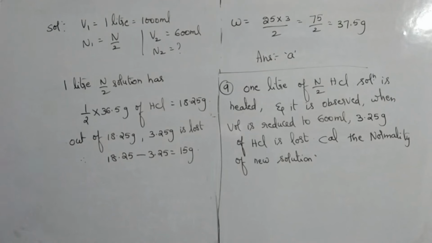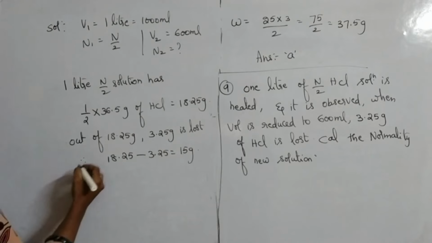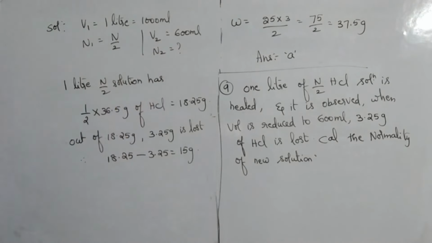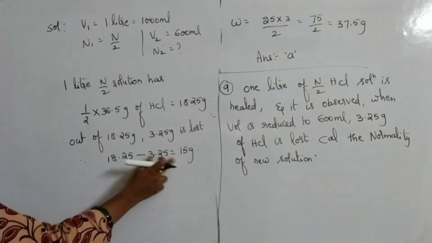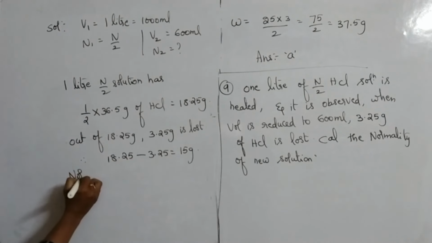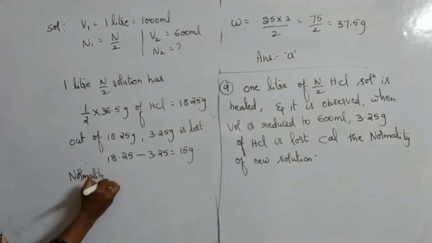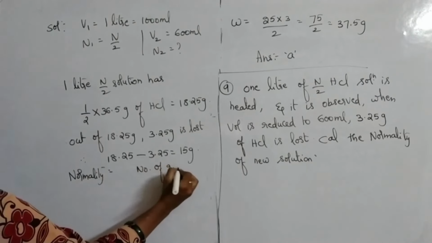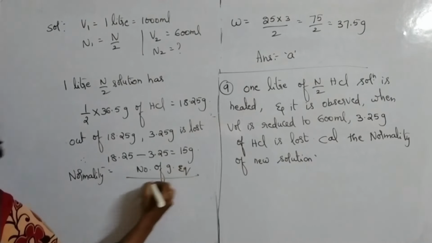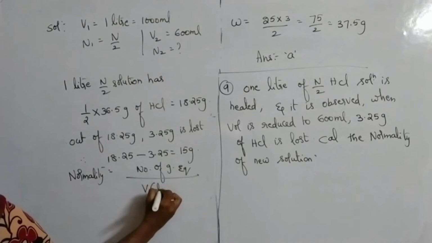So V2 is 600 ml, and N2 you have to find. With 15 grams of HCl, find the normality. Normality is the number of gram equivalents by volume of solution in liters.